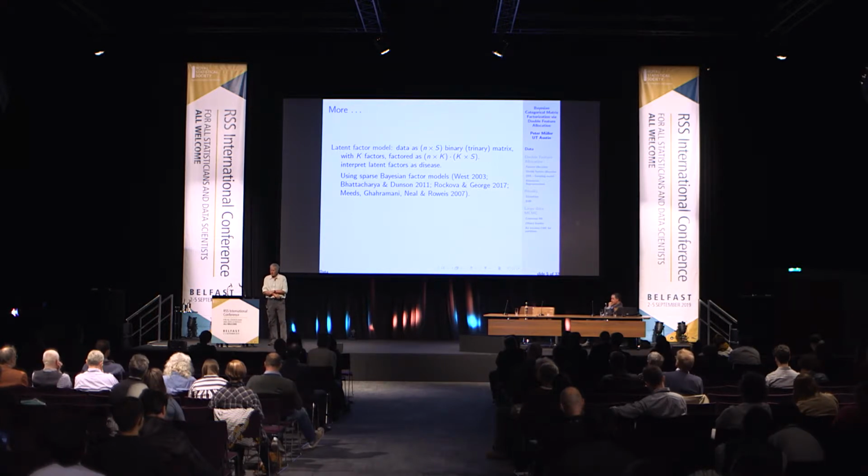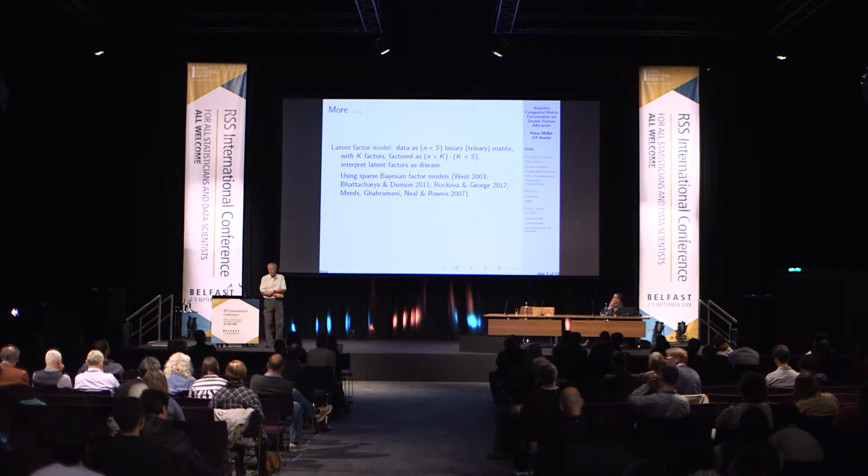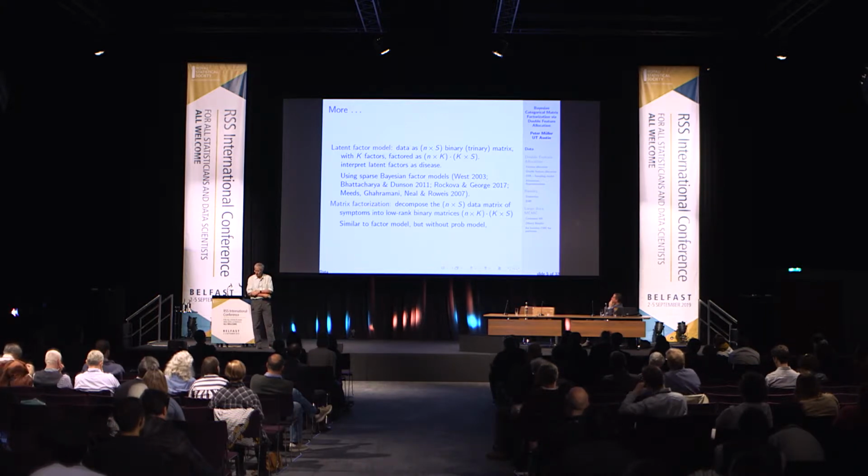And that's exactly what's happening in some of these references. In particular, Rockova and George will pop up again. We'll use that for a comparison in some of the upcoming examples. So once you do latent factor analysis with a statistical inference model, you already have probabilities and you get the full probabilistic description.